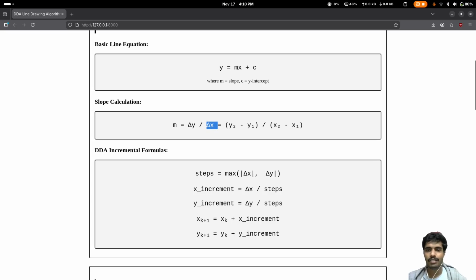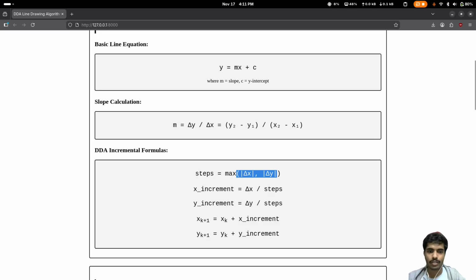Whenever these two differences are calculated, they are plugged into the max function, which takes out the maximum value, whether it is x or y, and stores it inside the step value. Now, this step value gets divided with del x and del y. Let's say del y is kind of big.